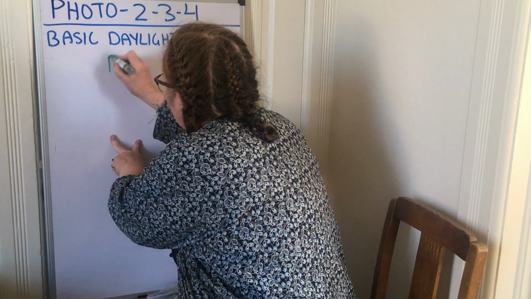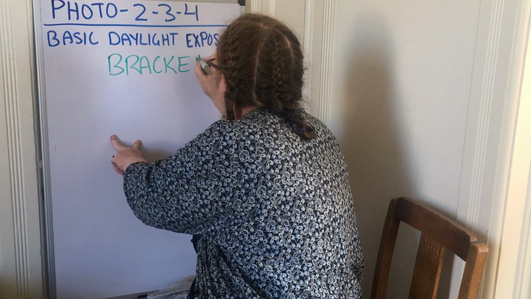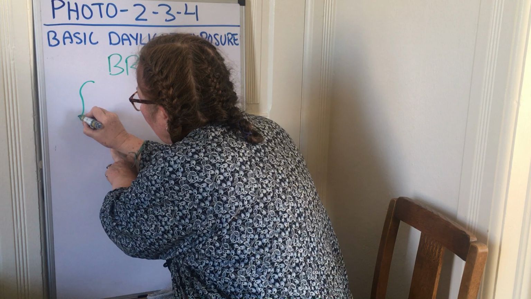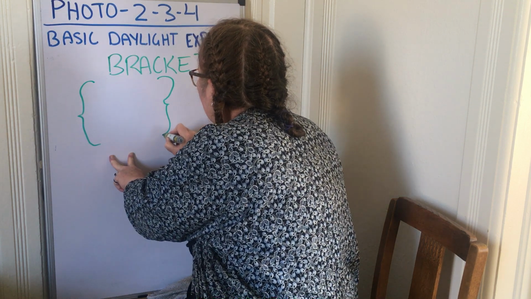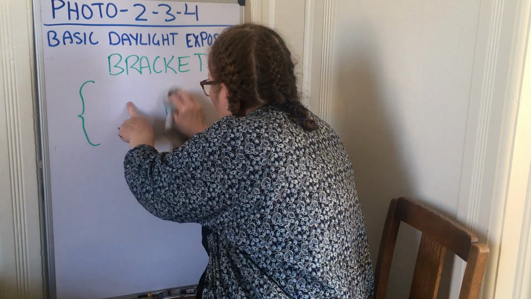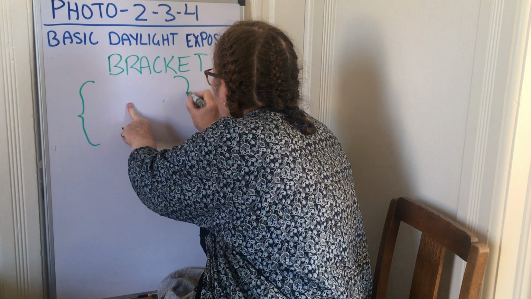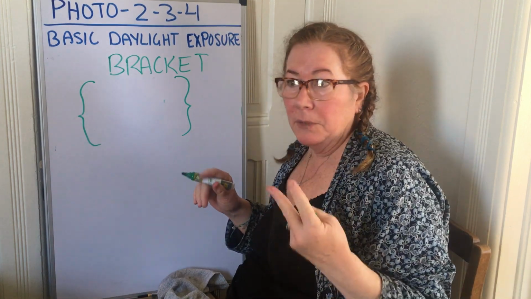But a bracket is really great. And if you've ever done any math, you've probably seen these brackets where they keep a collection of numbers. So if I were going to bracket my shot, and I'm using the Sunny 16 rule, remember I'm starting at f16, well, I could do a couple different things.